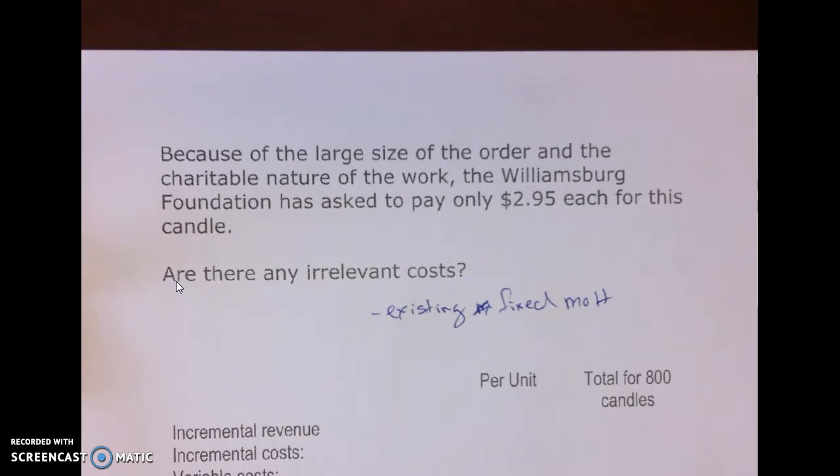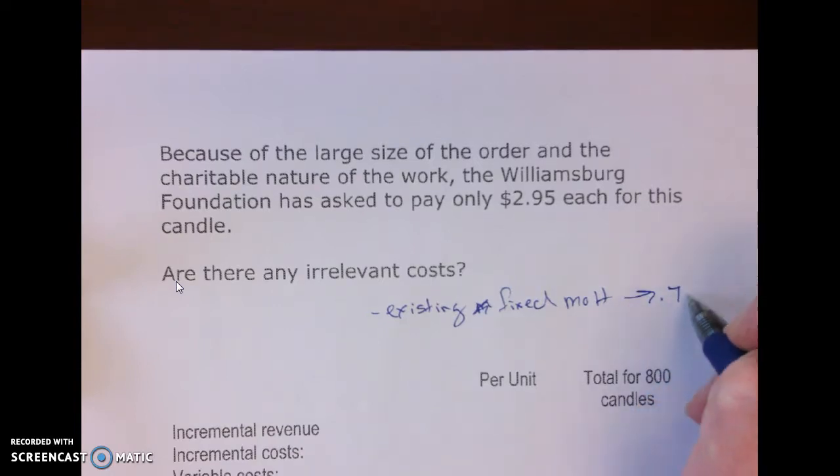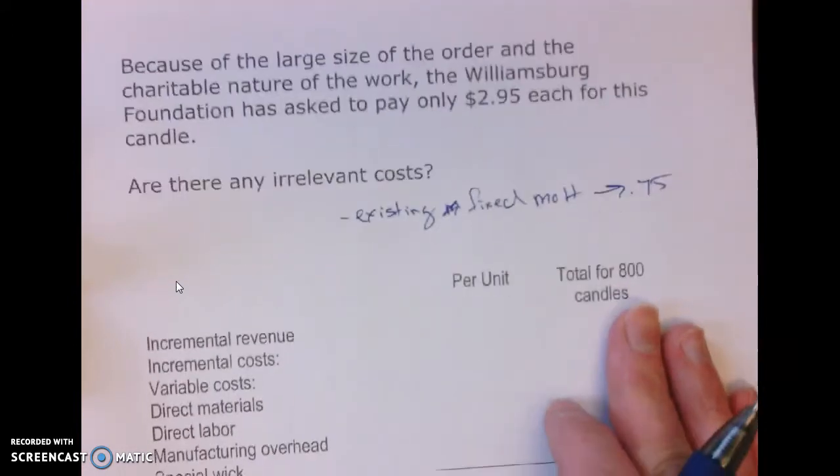So in that case, it's just not even relevant. Okay? So that's 75 cents per candle that was pushed down to candle. We're just not going to consider because we would have that whether or not we made the candle. So if we make the candle, we'll still incur that. If we didn't make the candle, then we would still incur that. Okay? So it doesn't matter.